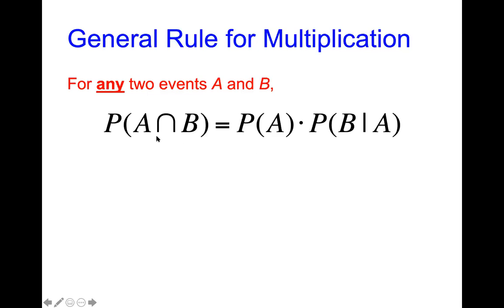Tying this to our example, the probability of the first being a spade and the second being a spade is the probability the first card was a spade, 13 out of 52, times the probability that the second card was a spade given the first was a spade, so that's 12 over 51. Any questions about this formula?